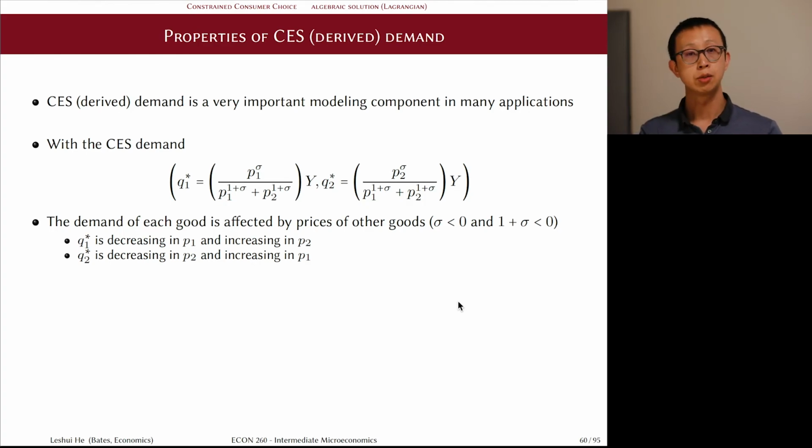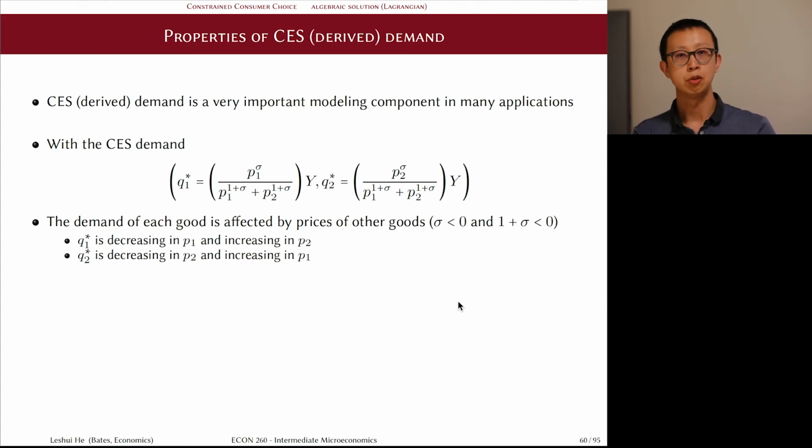In other words, the consumer will substitute good 2 with good 1 when good 2 becomes more expensive. This is a much more realistic feature that makes it suitable for applications compared to the simpler Cobb-Douglas derived demand. And similar to the Cobb-Douglas derived demand, it also exhibits the law of demand, where the increase in the price of the good itself would decrease the demand.